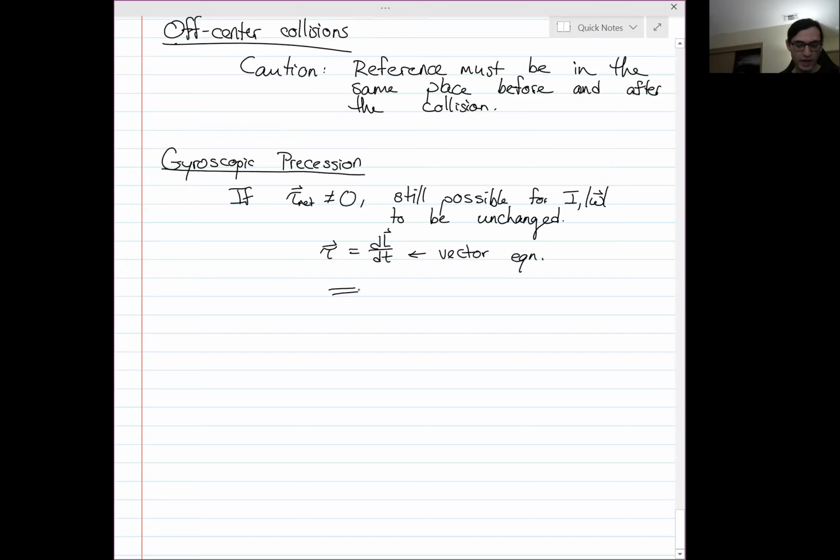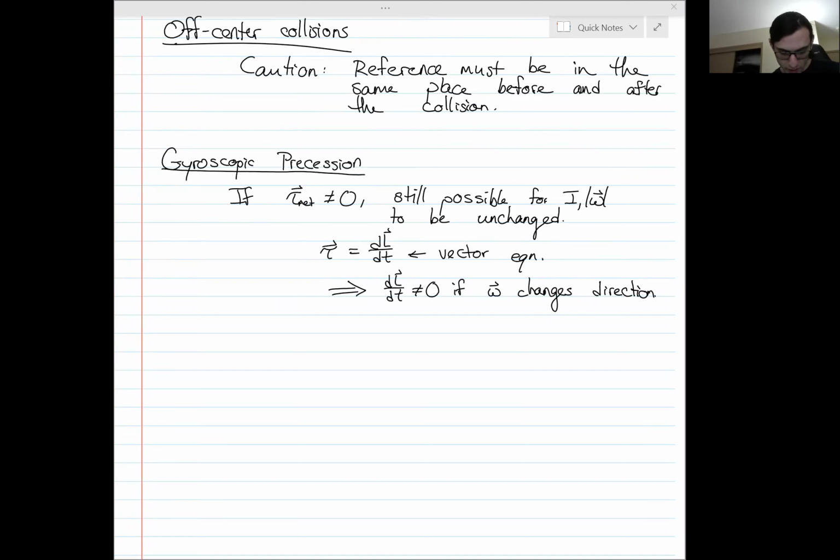And so that implies that dL/dt is not zero if omega changes direction, right? Because this dL/dt just measures the change in your angular momentum. And so if the angular momentum's direction is changing, well, then it's certainly changing.